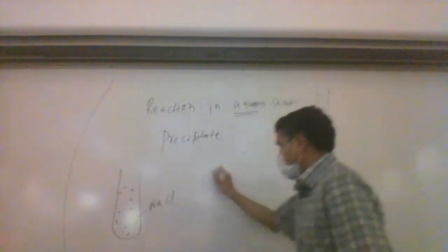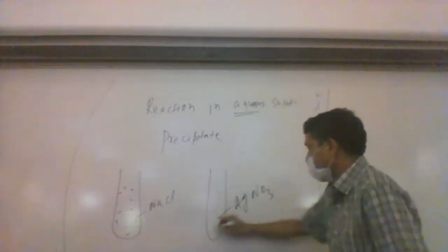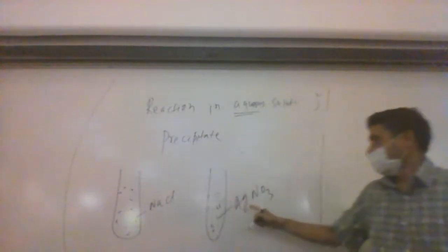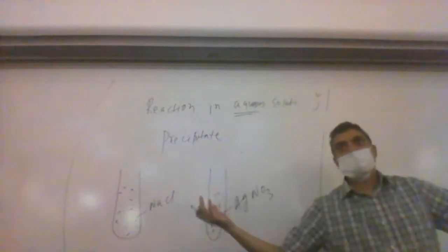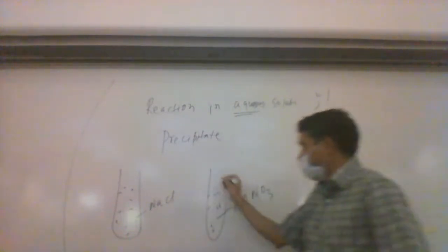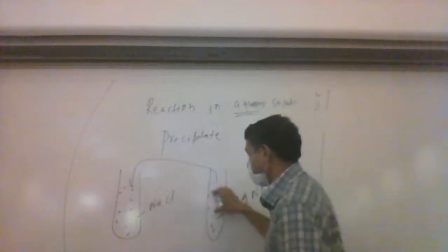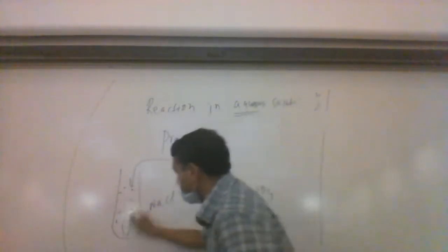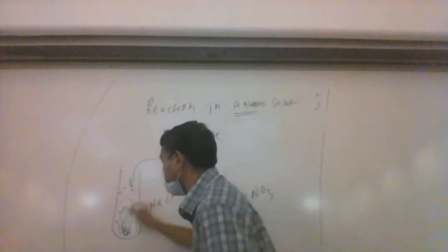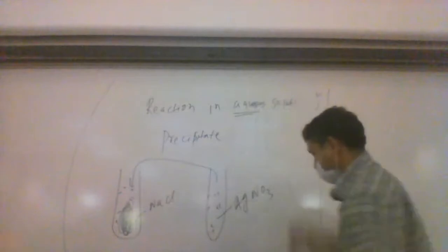Now, let's say I have silver nitrate, AgNO3. This is also water, and I put some silver nitrate here and dissolve it, so I cannot see it with my eyes. It is also a solution, right? If I take some of this solution and put it here, immediately I see some solid here like this.